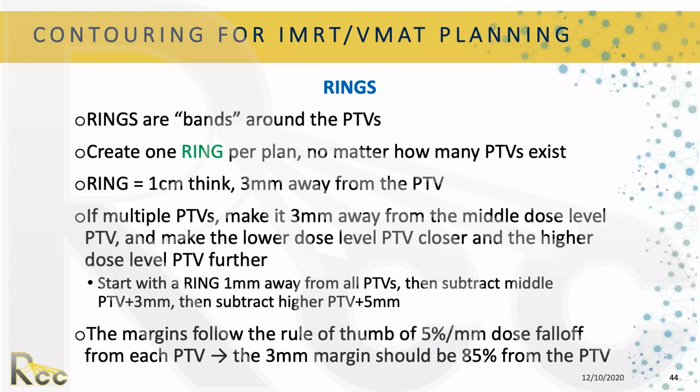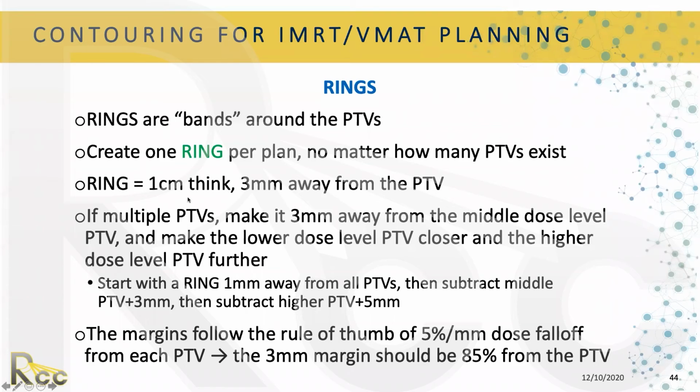So all the structures that I talked about so far are about the PTV. Now we're going to focus on structures beyond the PTVs. And I was talking a lot about these rings. The rings are bands around the PTVs, and normally you create one ring per plan.